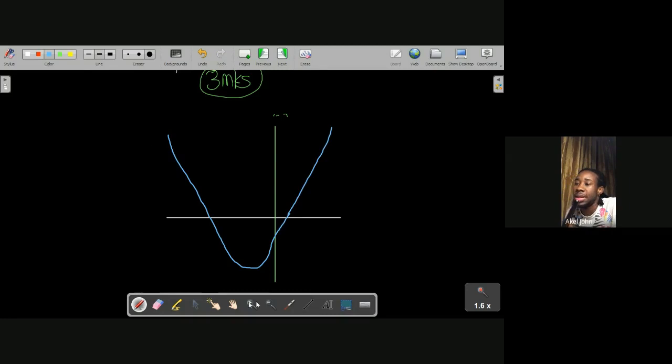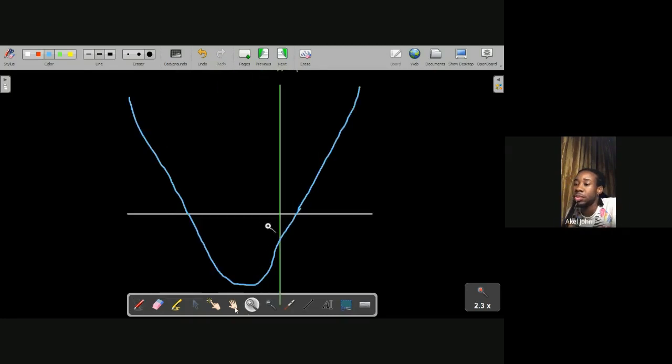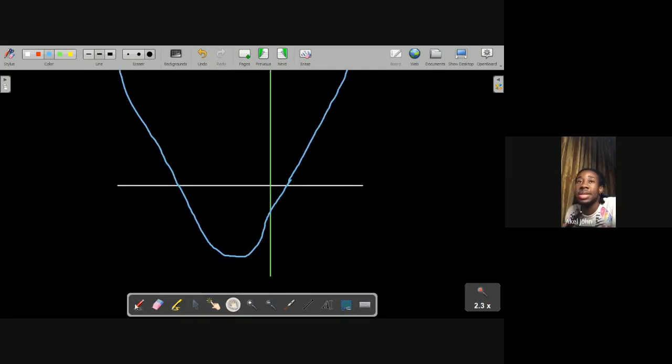So let's start labeling. Remember, they said c is -2, and the turning point was -1 and -5, I believe.